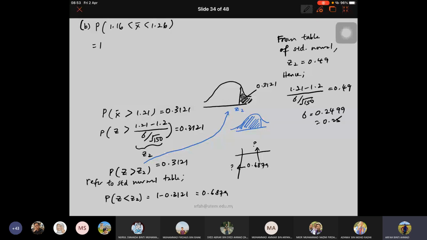So if you writing this, it will be equal to 1.16 tolak 1.2 transform to standard normal divide by sigma, guna yang awak dapat 0.2499 over set of 150 dan ambil the second one. Tolak 1.2 divide by 0.2499 over 150. So cuba kira tu and give me the answer. What is the value for this one?